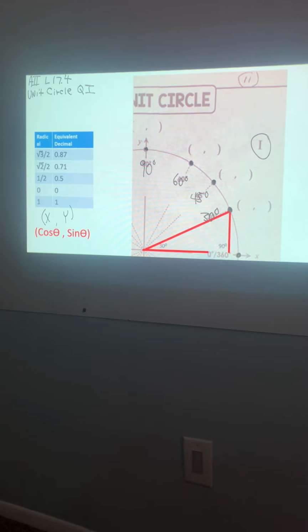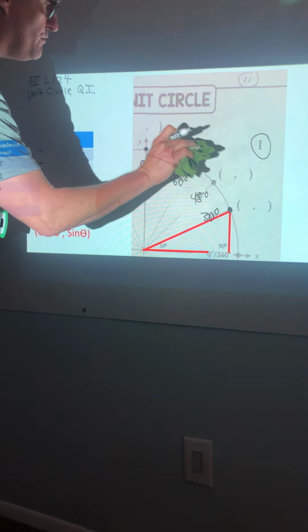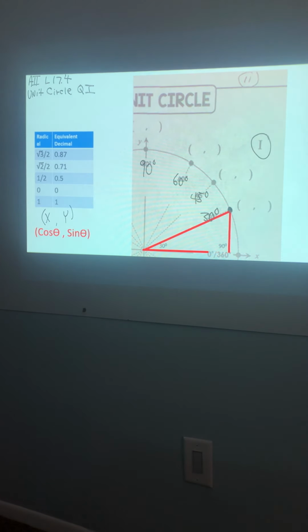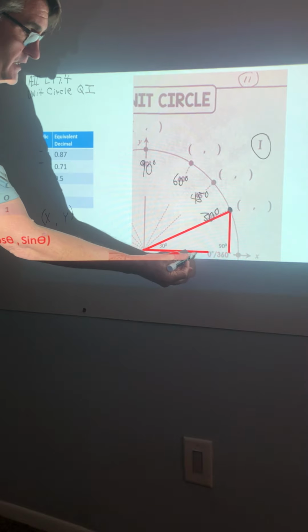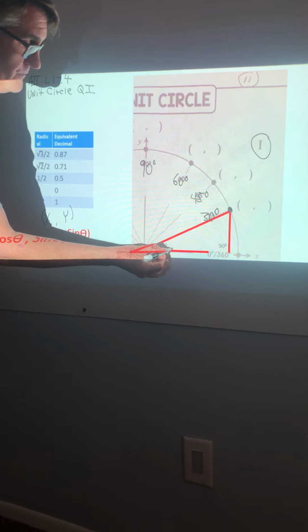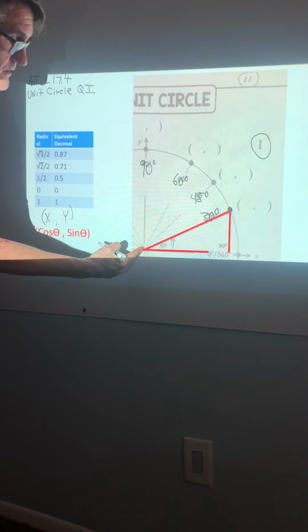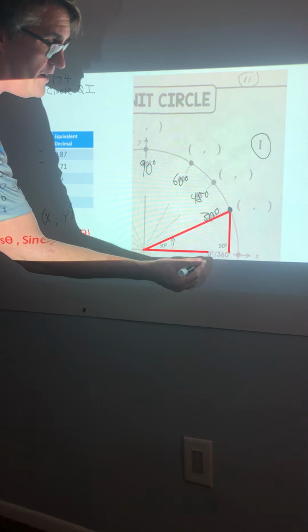Okay, so let me do this. To make this make sense, let me erase all of the points except for the one at 30 degrees. All right, make sure you get this chart. I'm trying to find the easiest way to make this connect. So honestly, what we're trying to say is, if I were to draw in a standard angle that is 30 degrees, look, this is a positive 30-degree angle, I can draw in this right triangle right here.